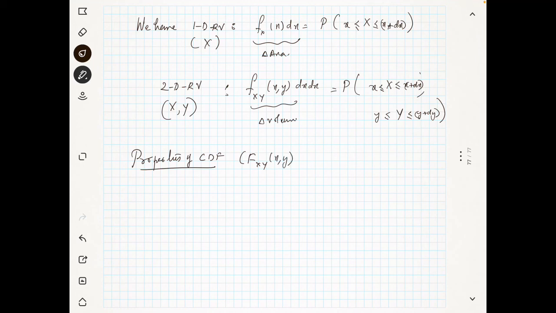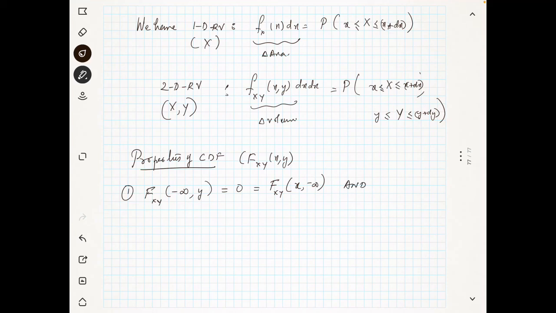The first property says that Fxy of minus infinity comma y is equal to 0. I told you whenever we are talking about minus infinity, it will always be 0. Similarly, this will be the same as Fxy of x comma minus infinity for y, so this will be 0.